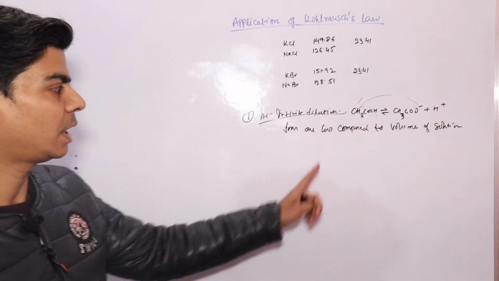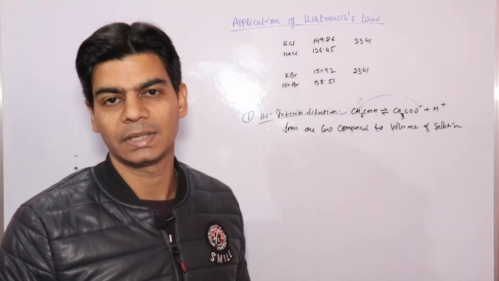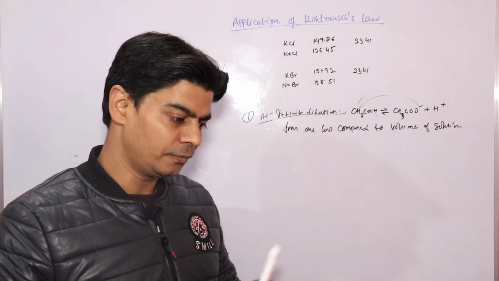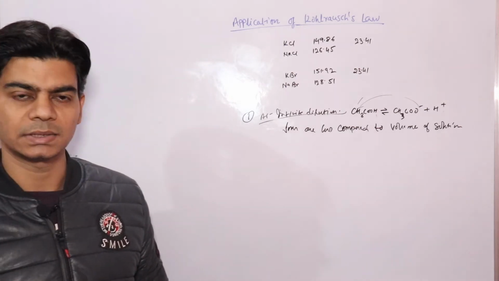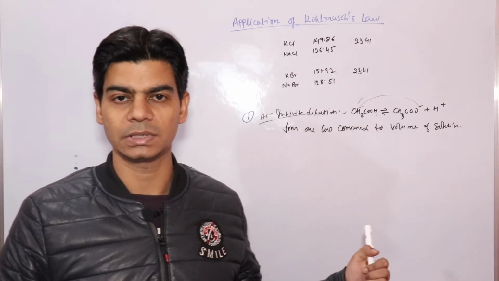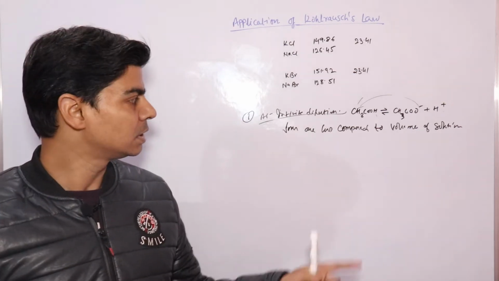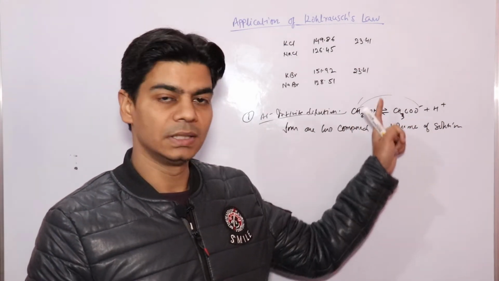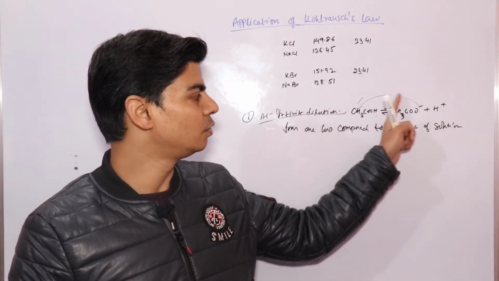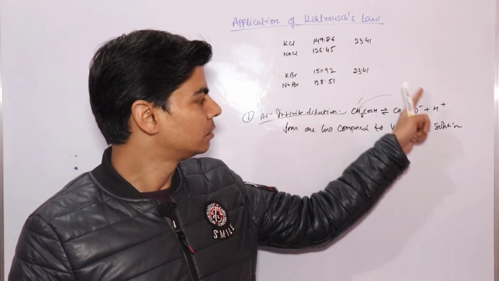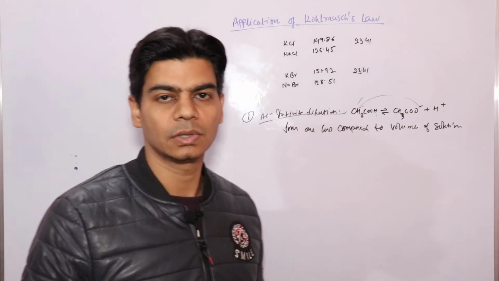For example, we are adding more and more water to acetic acid. Initially, when we added water to acetic acid, the conductivity increased in the graph we studied in the previous lecture, because on adding water the ionization of acetic acid increased, which resulted in more ions, thereby increasing the molar conductance of acetic acid.